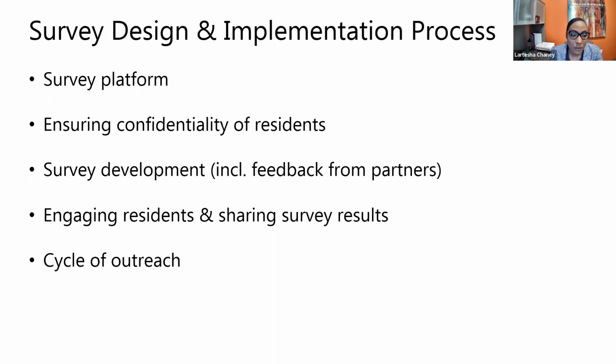I reached out to our partners to see what type of questions they wanted on the survey. I also reached out to other stakeholders who fund some of our activities and asked them what type of questions they would need. It was important to have them in this process because some of our funding for activities that made an impact came from our community partners.